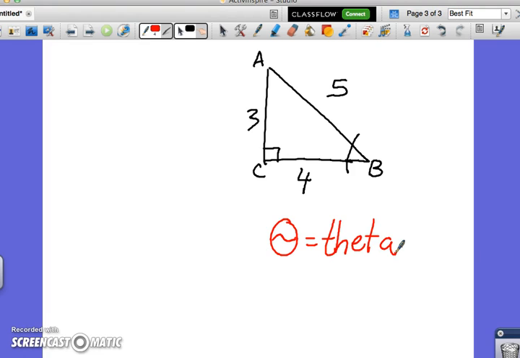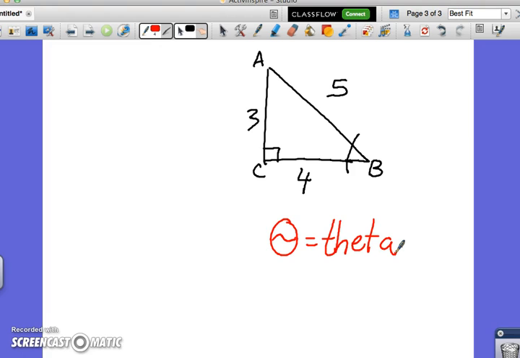And anytime we're talking about a trig ratio, we have to be talking about an angle. We're either talking about an angle by its letter, angle B, or the measure of an angle, a 32-degree angle, a 45-degree angle, or we're going to talk about some unknown angle that we're going to call angle theta. But anytime we talk about a ratio, as far as trig, we're always going to be talking about an angle.